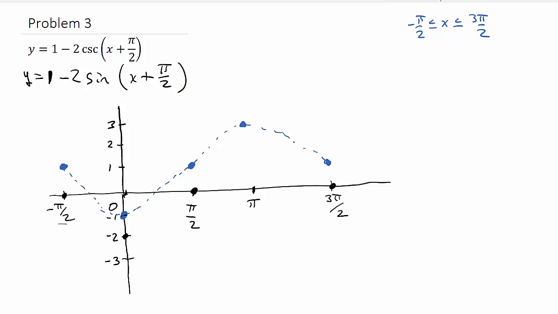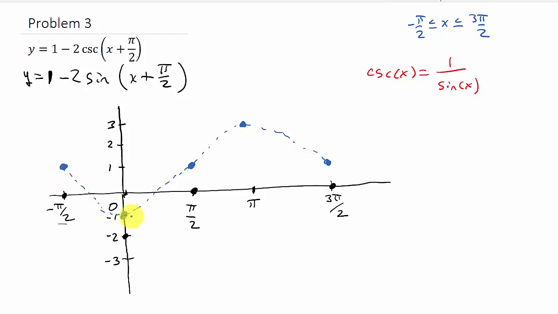Now remember that cosecant x is equal to 1 over sine x. So when sine is 0, cosecant is undefined because it would be 1 over 0. Well, where is the sine function 0? It doesn't look like 0 anywhere, does it? But it is.